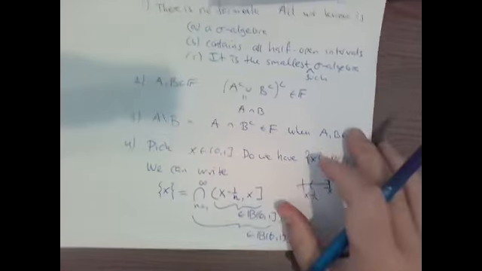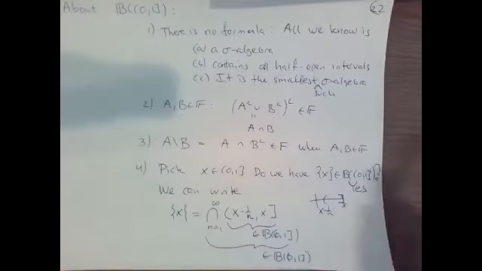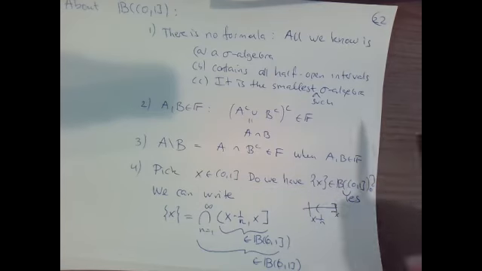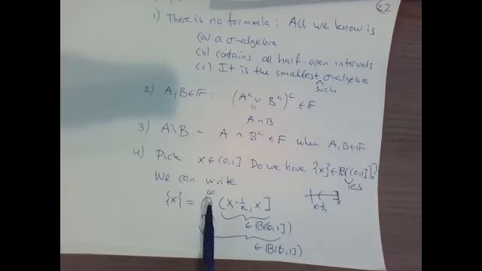So we don't have a formula. We don't know how all these Borel sets look like. If you want to argue that a certain set is a Borel set, we have to write it somehow in terms of these half open intervals, their intersections, or their unions, or their complements.